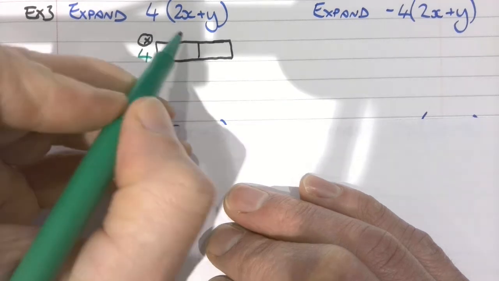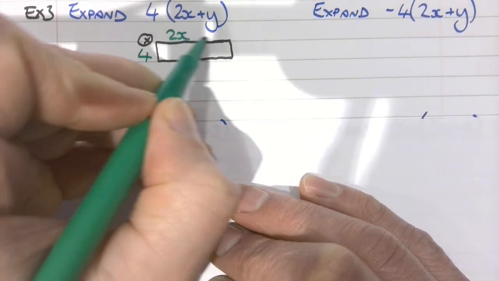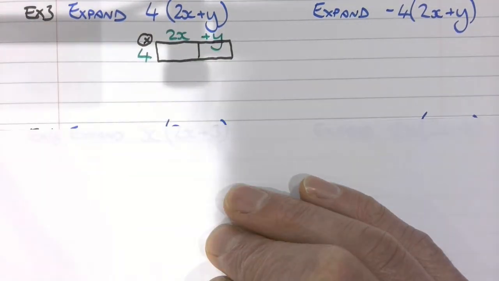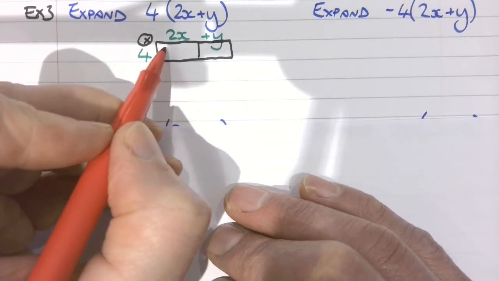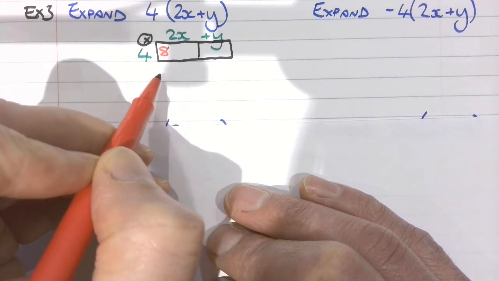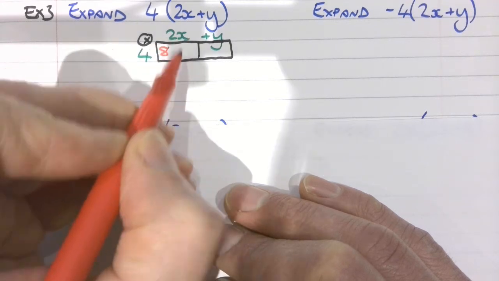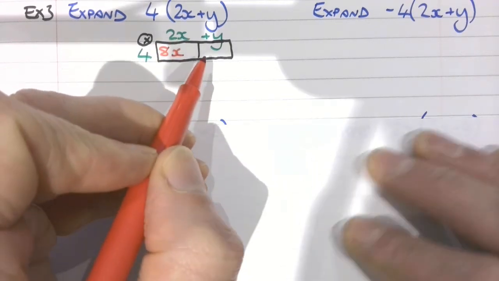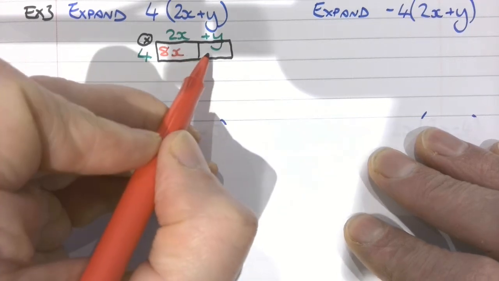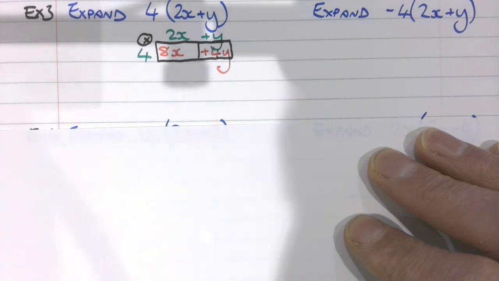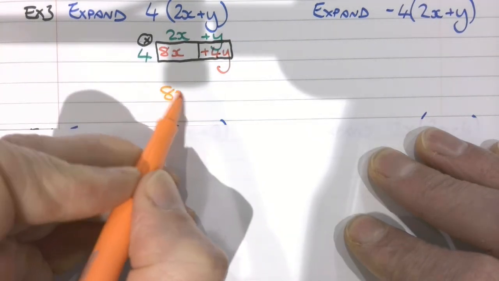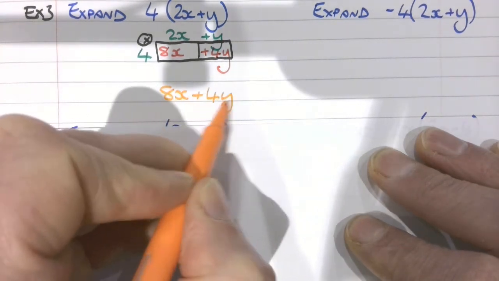I've got 4 times 2x plus y. So 4 times 2x, we're multiplying the numbers together, that will give us 8, but not just 8, it's 8 lots of x's, whatever x is. And 4 times positive y just gives us positive 4y. So in case we're not sure what the answer is, it's 8x plus 4y.